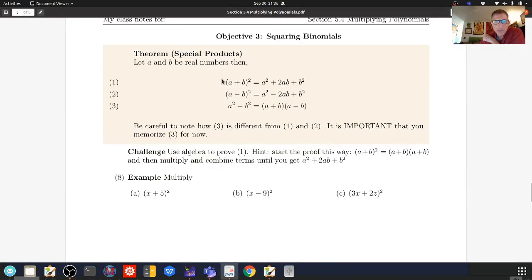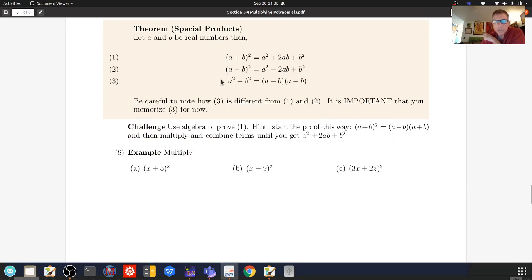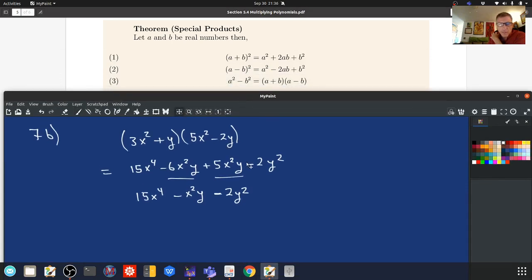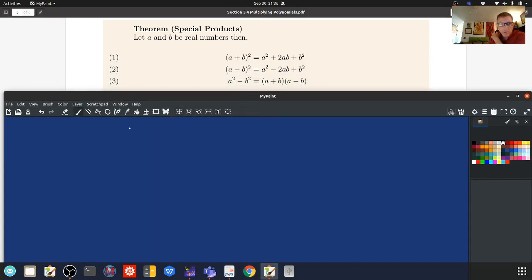So squaring binomials, these are called special products. So here's the deal. These are three formulas. They're worth memorizing. So let's look at them. So we have a binomial a plus b squared. So remember first that a plus b squared is just shorthand for a plus b times a plus b.